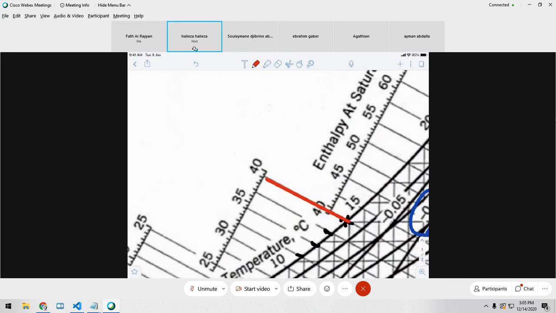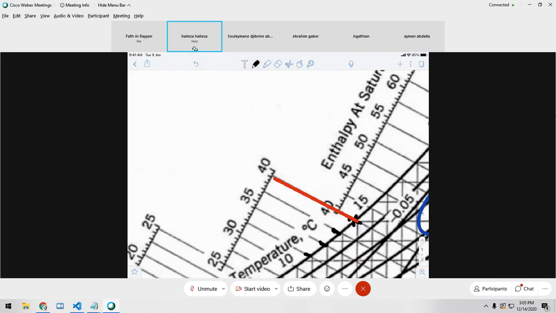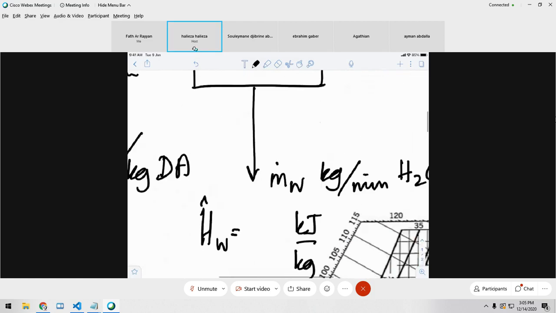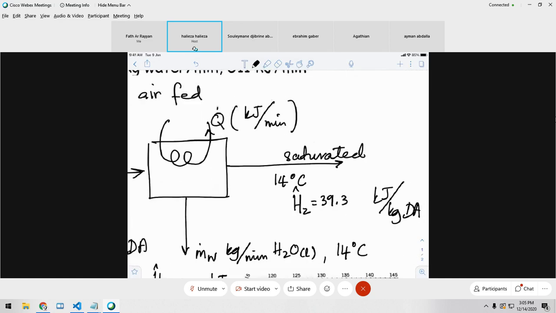It's about 40, that's 39 point something. Let's say 39.3. Let's put that value 39.3 in our block diagram. So that's your enthalpy for the outlet stream of your air.